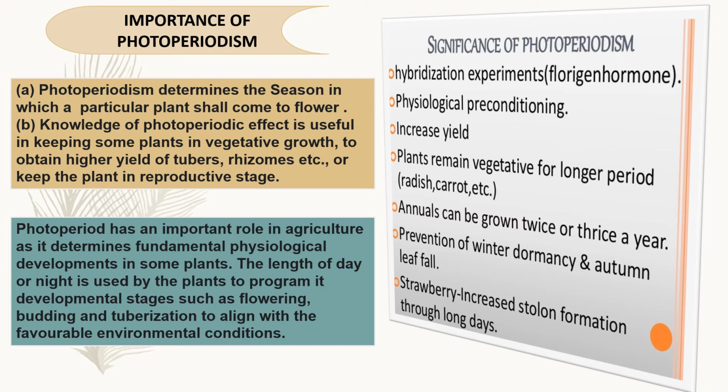Number 4, plants remain vegetative for longer period, that is radish, carrot, etc. Number 5, annuals can be grown twice or thrice a year. Number 6, prevention of winter dormancy and autumn leaf fall. And the last one, but not the least, strawberry increased stolon formation through long days.